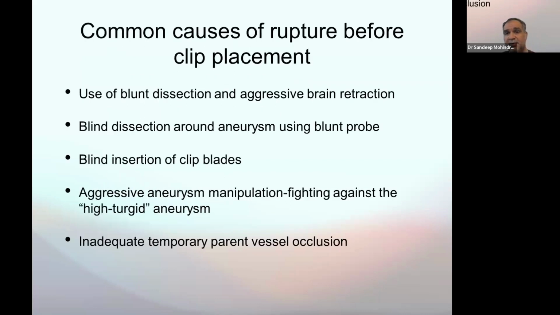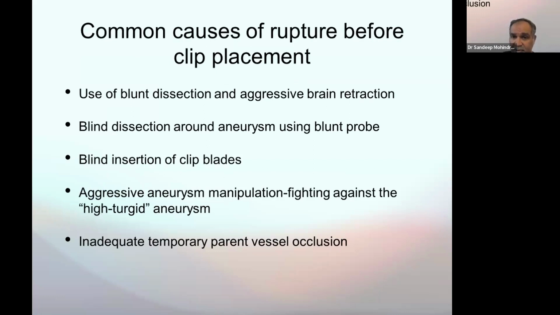Common causes of rupture before clip placement. Once you have reached the A1, you have dissected it out, the temporary clip placement location is ready, and then the dissection at the neck of the aneurysm is being done. Use of blunt dissection. Aggressive brain retraction, which might pull up the ACOM aneurysm projected anteriorly, inferiorly between the interoptic space.